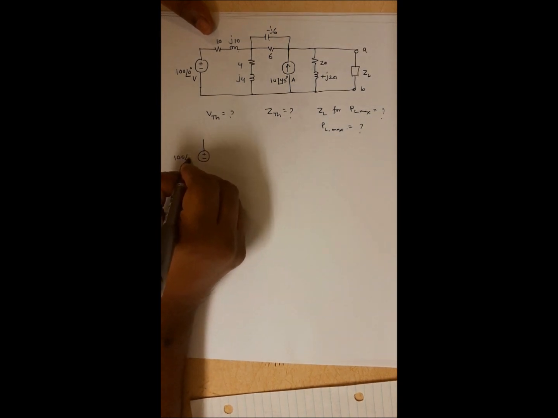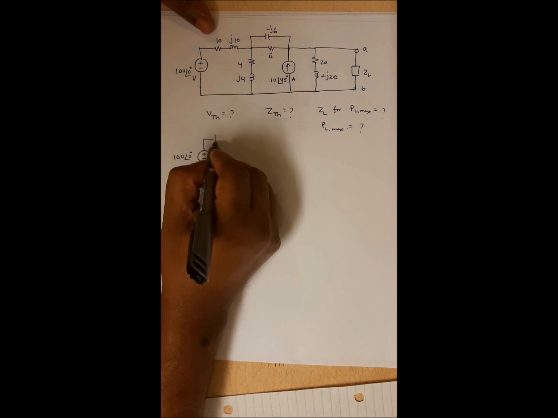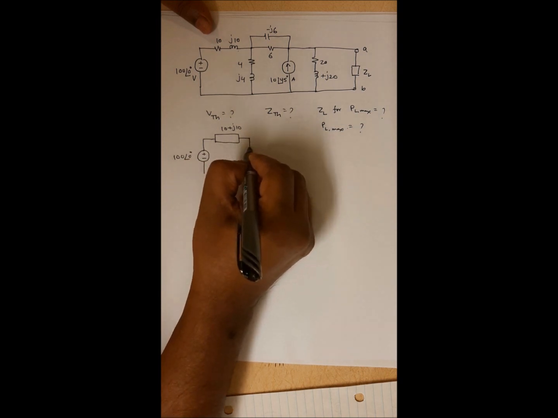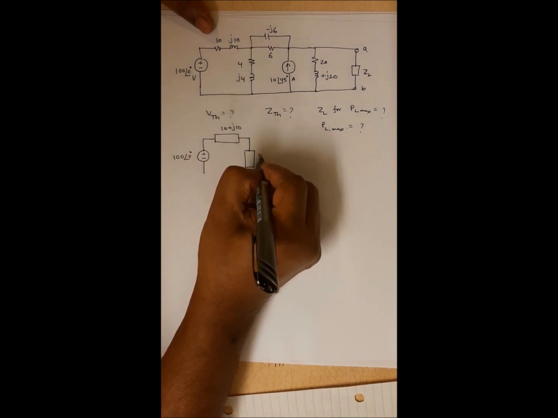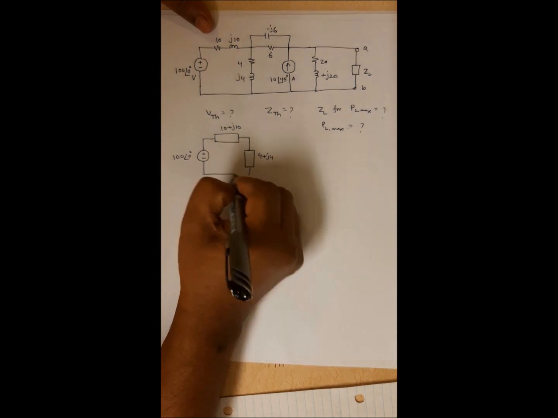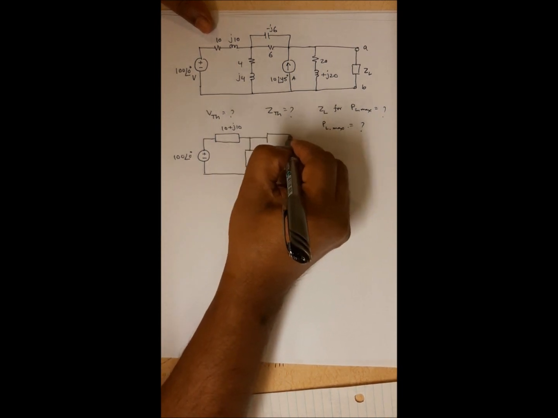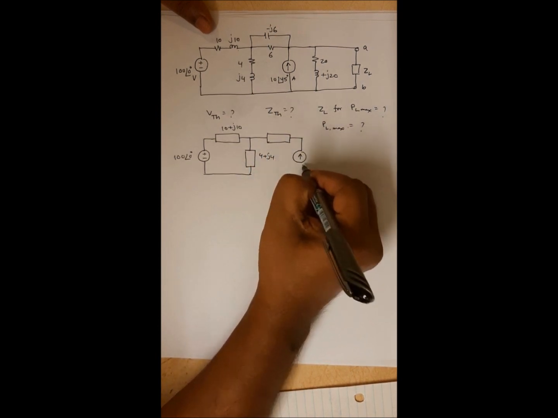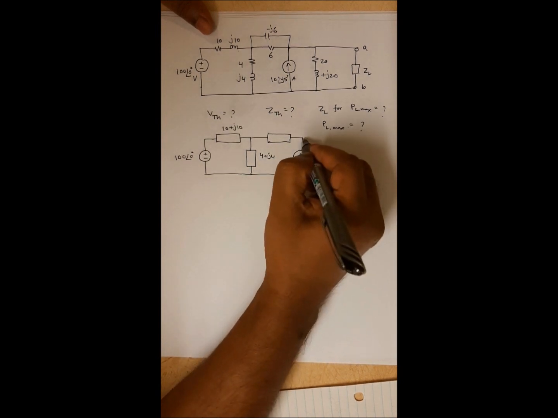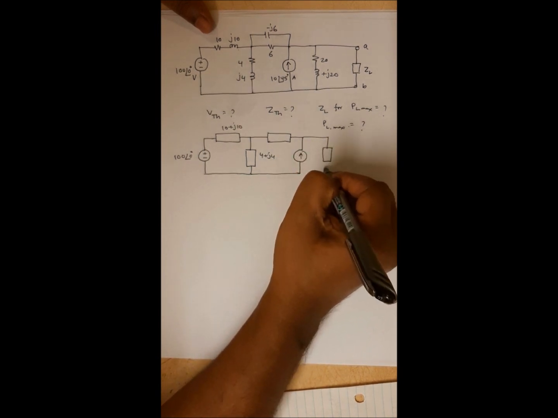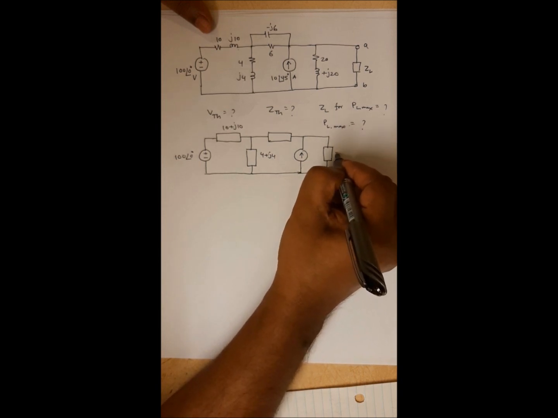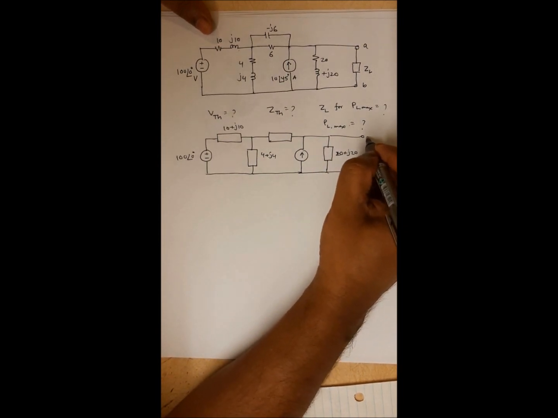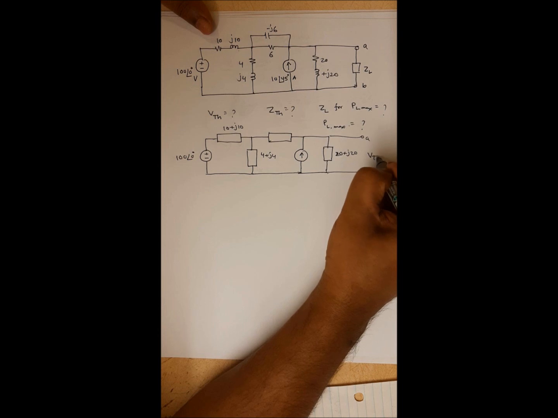So it will be 100 angle 0, and this is 10 plus J10, and here we can write 4 plus J4, and this is 20 plus J20, and I open up this terminal AB to find the Thevenin voltage.